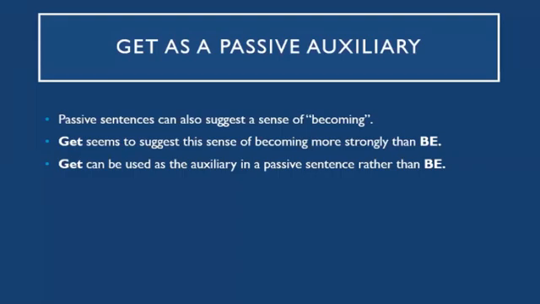Semantically speaking, according to Morenberg, get suggests a sense of becoming more strongly than being. You could change it to be instead of get. So whenever you have get plus the past participle form of the verb, you might consider it very seriously as a passive voice. How can you test it? Well, change it back to active.